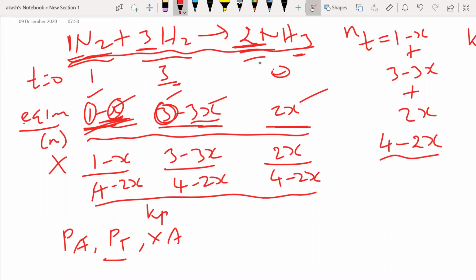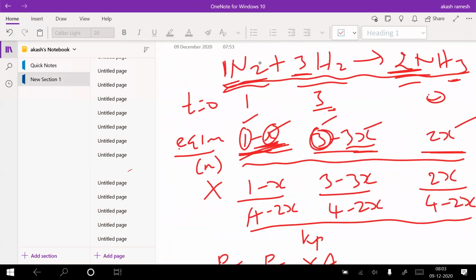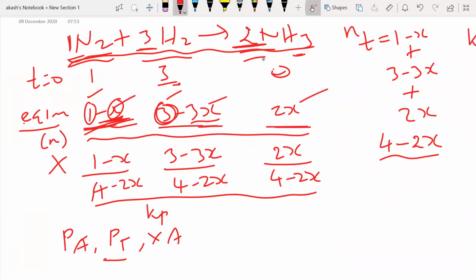Gaseous state, what is the equation? Nobody remembers? Any guesses in the chat? Again, I suppose nobody remembers. It's pretty simple, guys. PA equals PT into XA.